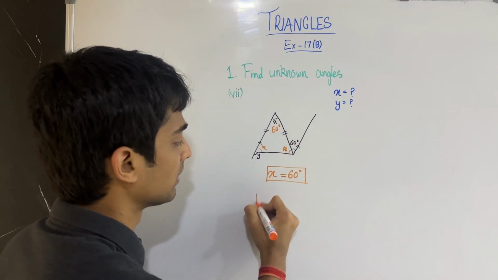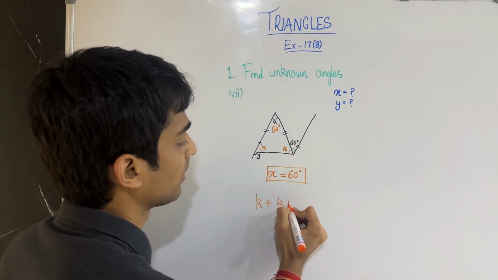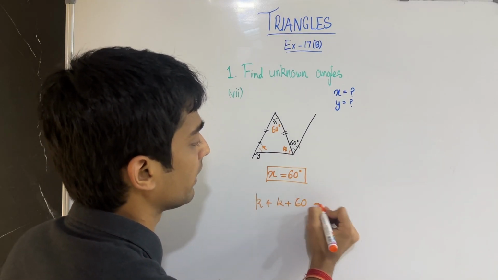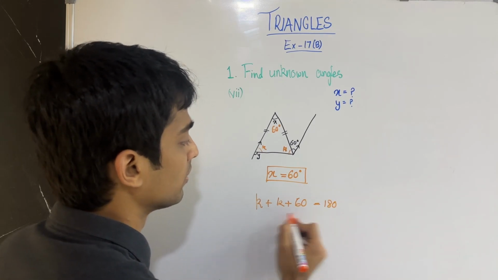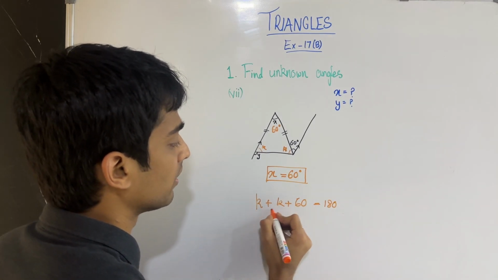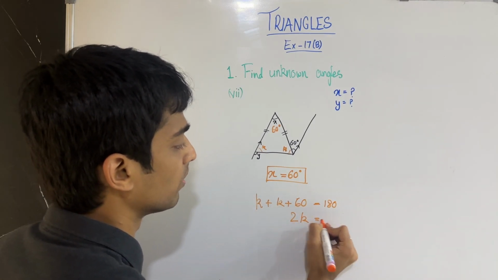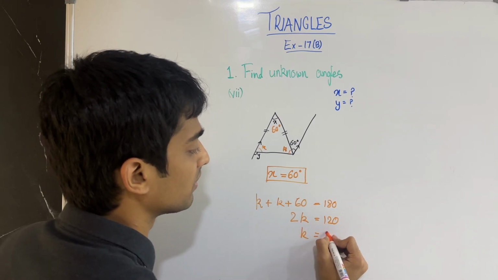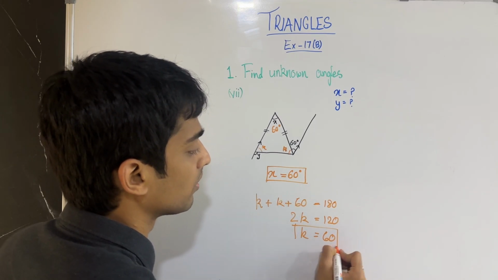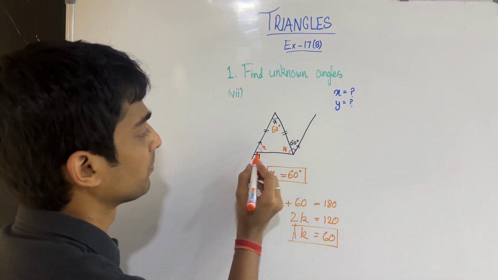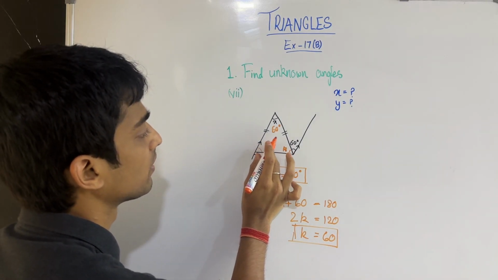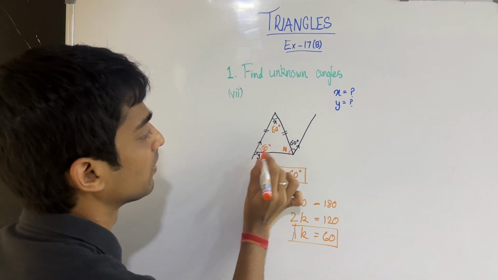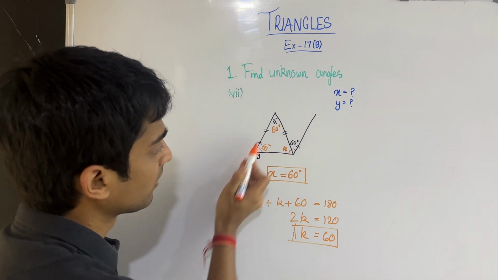So we can get an equation K plus K plus 60 equal to 180. So 60 goes here, 120. K plus K is 2K. 2K equal to 120. K equal to 60. Right? K is 60. So this is 60 degrees.